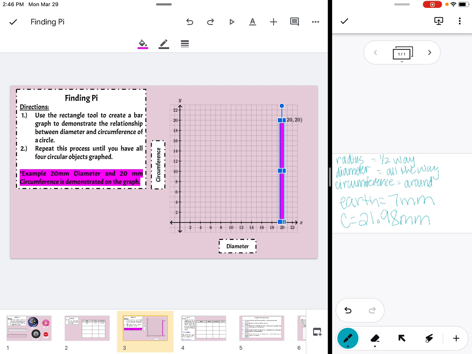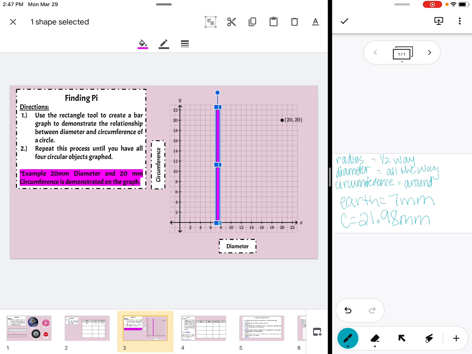For my example for Earth, I'm going to use this bar real quick. I have a diameter of 7, so I'm going to go right here for my diameter of 7. Let's see if I can drag that over. There we go. But I need to extend this to show 21.98, so almost 22 millimeters. This one is a little bit above where it needs to be. Let's scooch it on over.